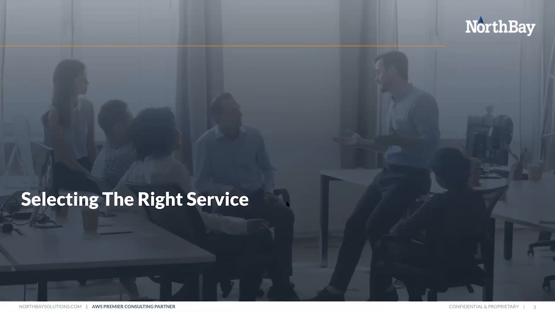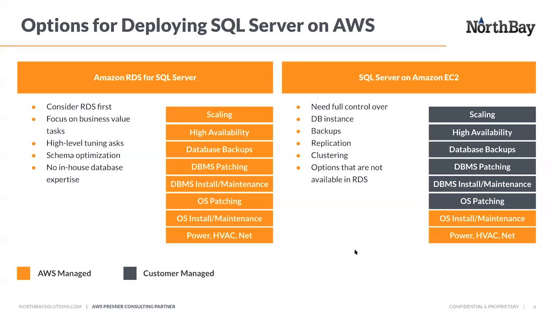The same thing applies to SQL Server or any other workload for that matter: what sort of service are you looking for? Are you looking for AWS to manage your service, or do you want to be responsible to manage your workload or the service that you are using? And we'll see what those options are.